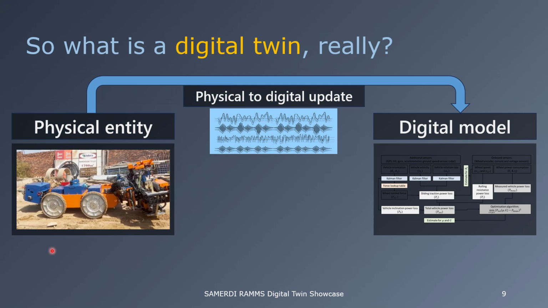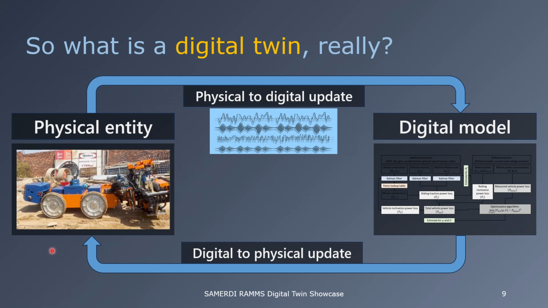And what this does is it measures the physical state and it translates it to a digital state that can then be used. And once it gets to the digital model, the states get optimized and then that information needs to get fed back to the physical entity on this side. So this then we call digital to physical updating process.